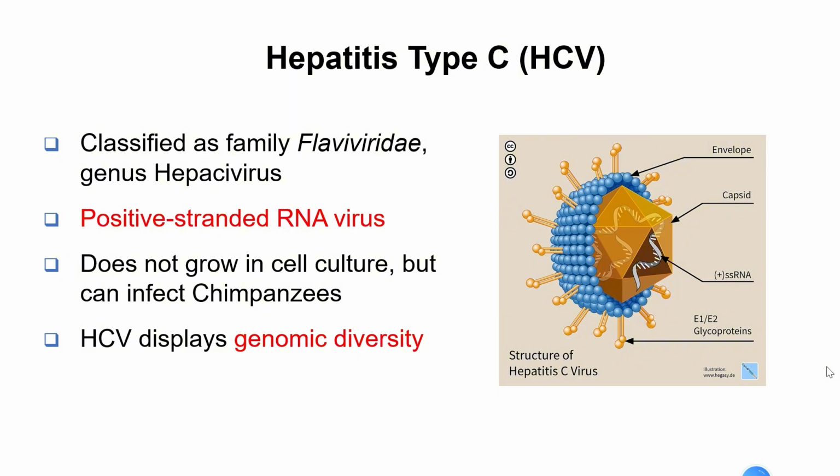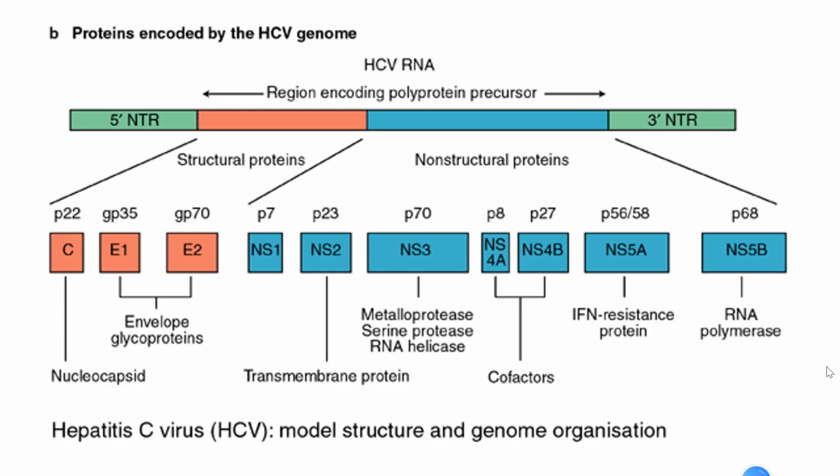See that? That's the envelope. This is the core, right? This is the HCV genome. Again, you don't have to remember the details. Just keep in mind that the 5' end encodes the structural proteins, while the 3' end encodes the non-structural proteins.